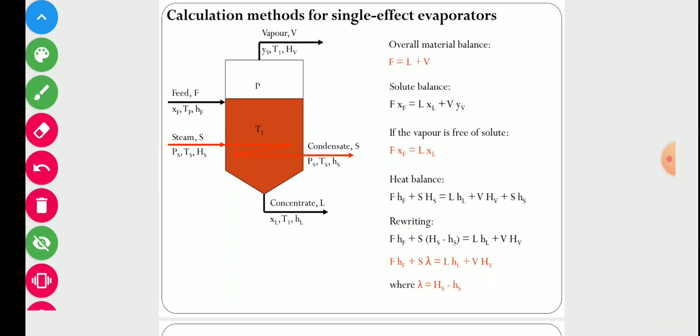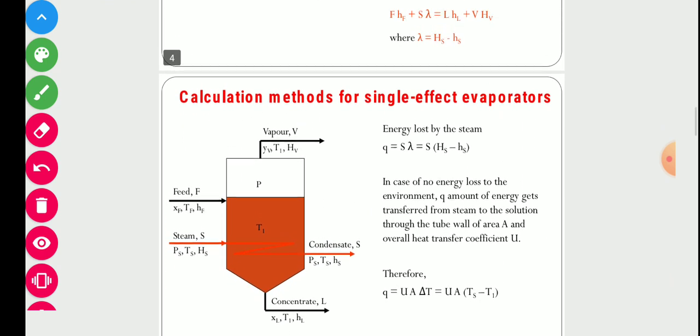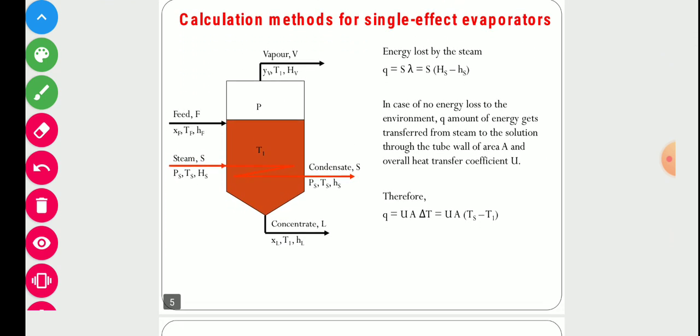So we can write this equation in this form. Here lambda equals HS minus hs. So the energy lost by the steam will be equal to the mass into the heat of condensation, or S into (HS minus hs).